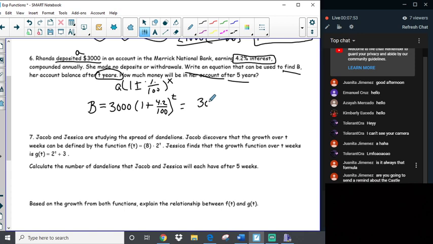So if I'm going to solve it now, do 4.2 divided by 100. It's not going to be 0.42, but 0.042. And then the time is going to be 5 years. 3,000, 1.042, that's adding the 1, to the 5th power. Let's go ahead, let's throw that into our calculator.